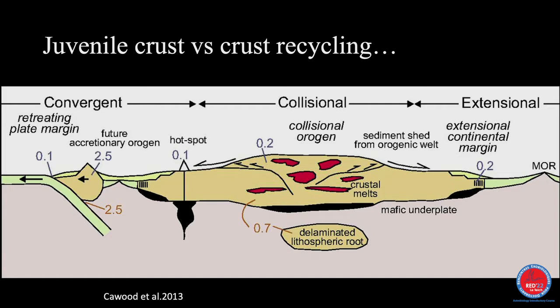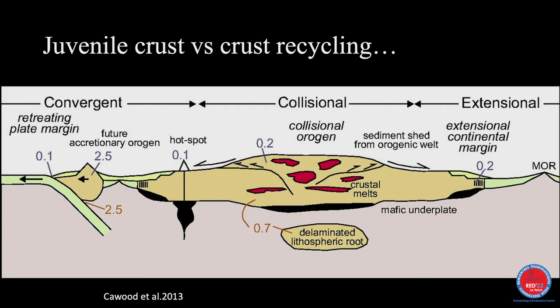During 1 year and in cubic kilometers. And we have three different settings: convergent, collisional, and extensional. Now if you look at the environment where we have a very fast crust recycling, this is subduction.